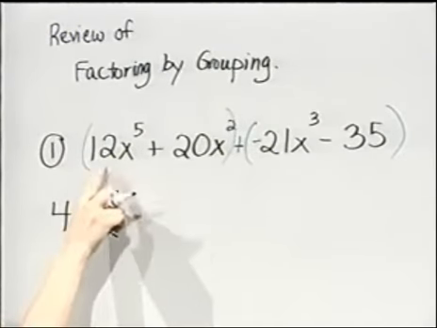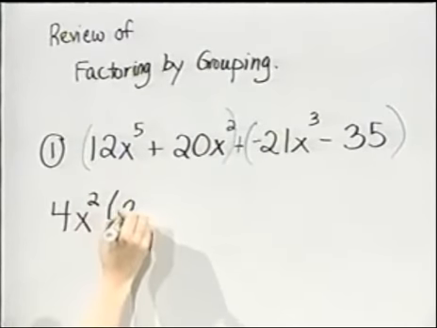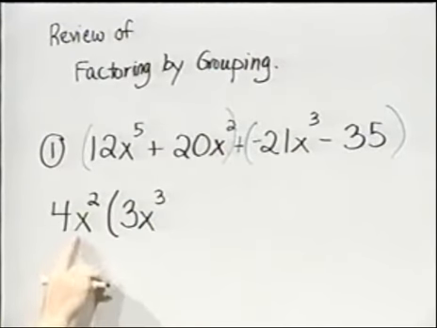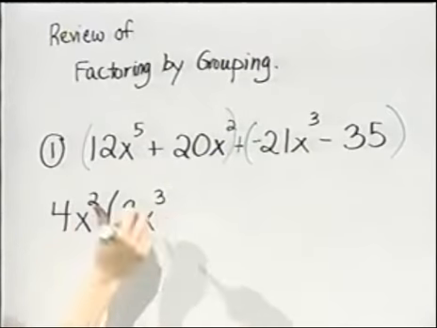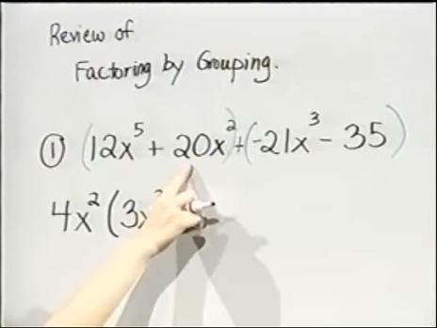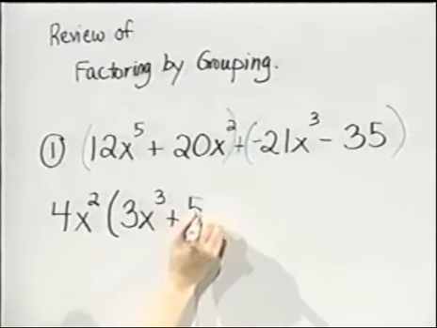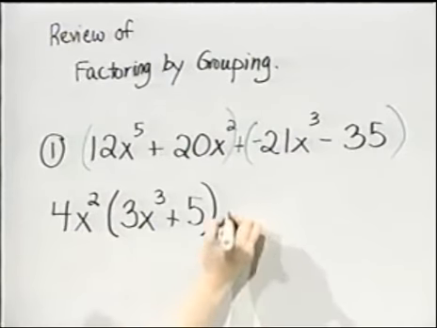When you take a 4x squared away from 12x to the 5th, you get a 3x cubed. Double check, 4 times 3 is 12, x squared times x cubed is x to the 5th. And when you take a 4x squared out of the 20x squared, you should get 5. Double check, that's 20x squared.